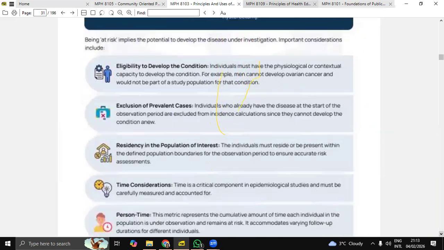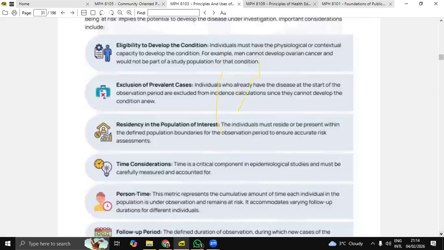Then our notes go ahead to talk about population at risk, and the key things we should look at when we say a population is at risk. First of all, why is it important to look at a population at risk? It is important because it's usually the denominator for our measures.